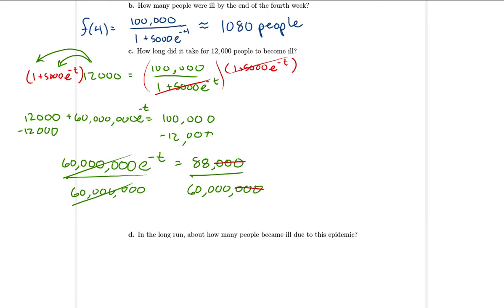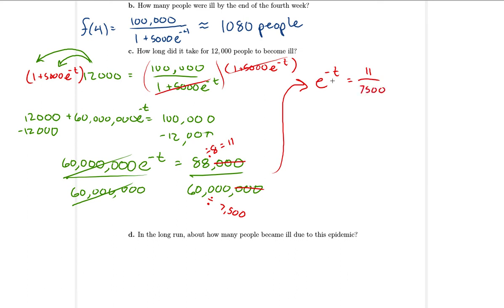Then we could also divide top and bottom by 8. So 11 on top. And let's see, on bottom here, when you divide 60,000 by 8, you're going to get 7,500. So we have 11 over 7,500. So let's clean this up a little bit. So e to the negative t is equal to 11 over 7,500.